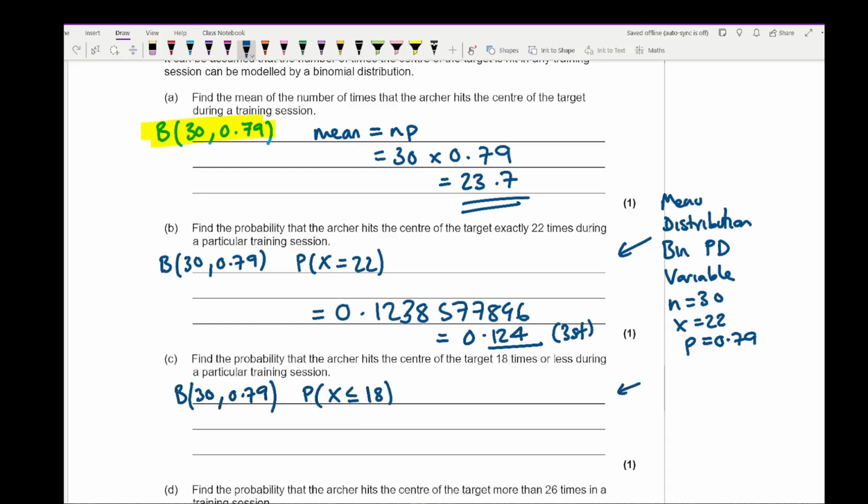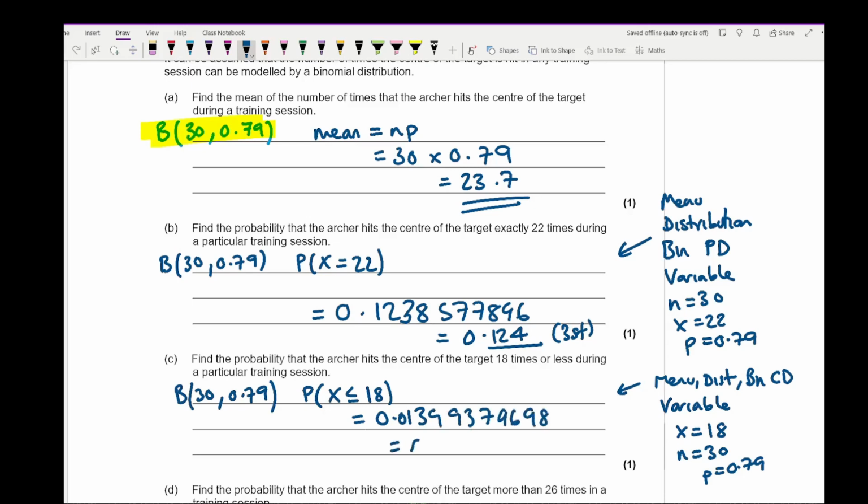The difference here is we're going for menu, distribution, binomial CD this time, and variable, and what we want is x equals 18, n equals 30 and p equals 0.79. If I enter those numbers in, I get an answer of 0.130993799698, which rounded gives me 0.014.